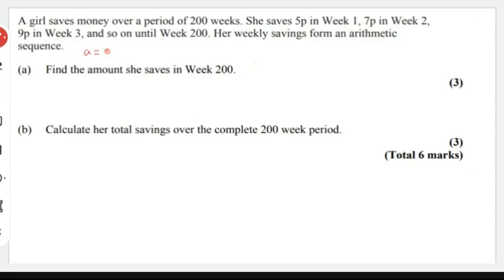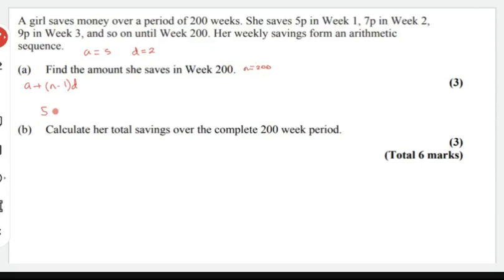A equals 5. And then D equals 2. Oh my god, 2p more every week. Anyway, so find out how much he saves in week 200. So we use A plus N minus 1 D. And in particular, in this question, N equals 200.